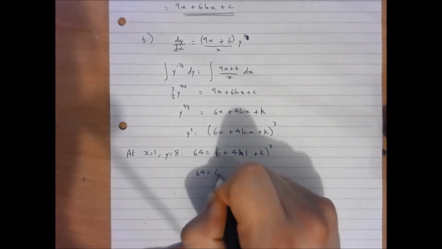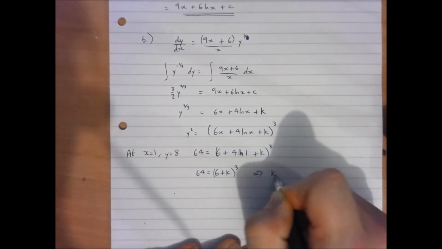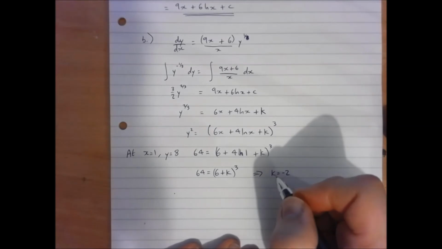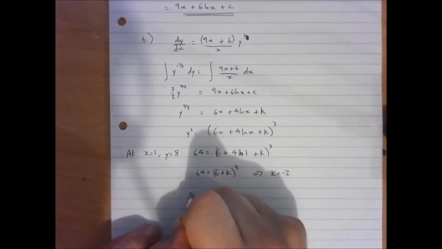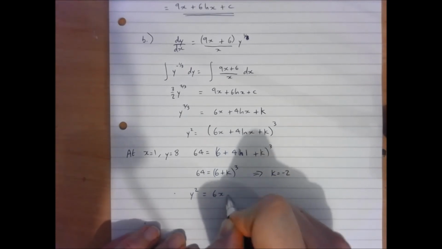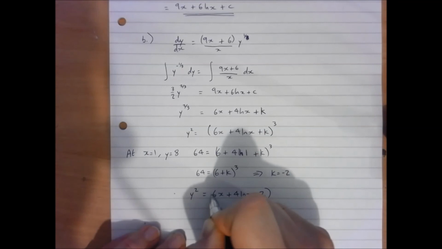So 64 is 6 plus k cubed, therefore k equals negative 2. 4 cubed is 64. So my final answer is y squared equals 6x plus 4 log x minus 2 cubed.